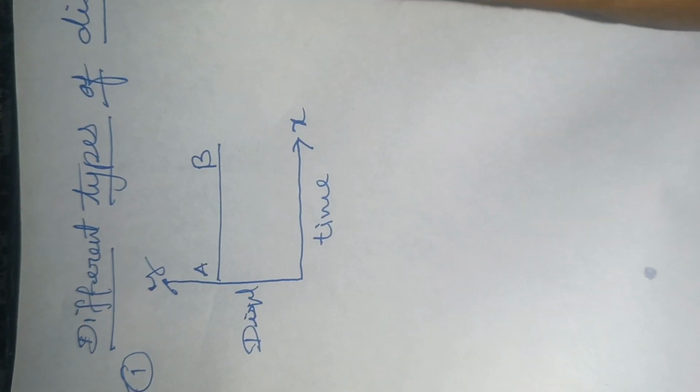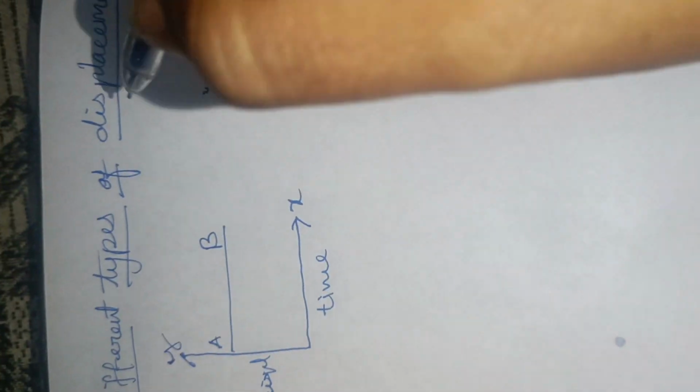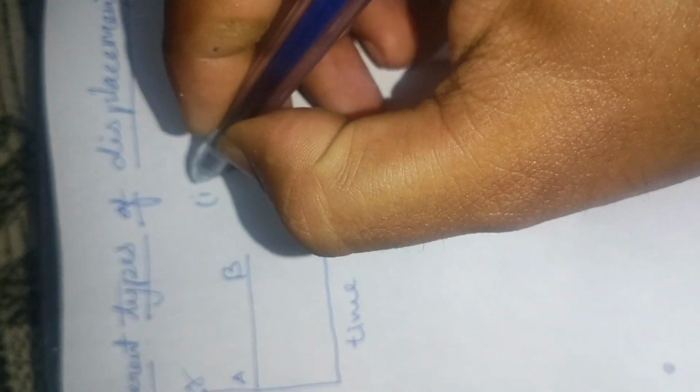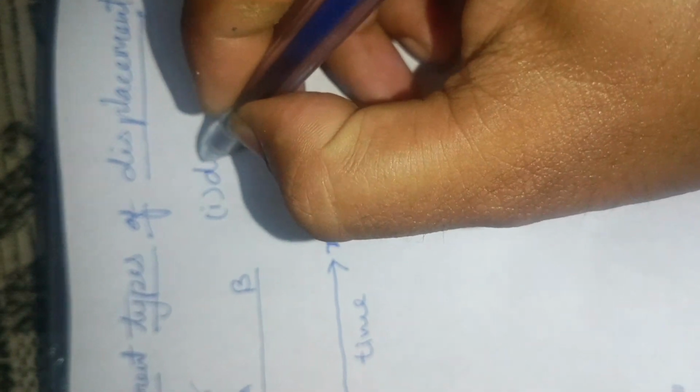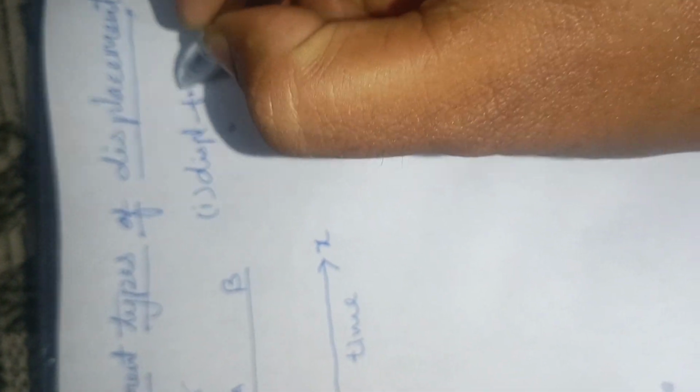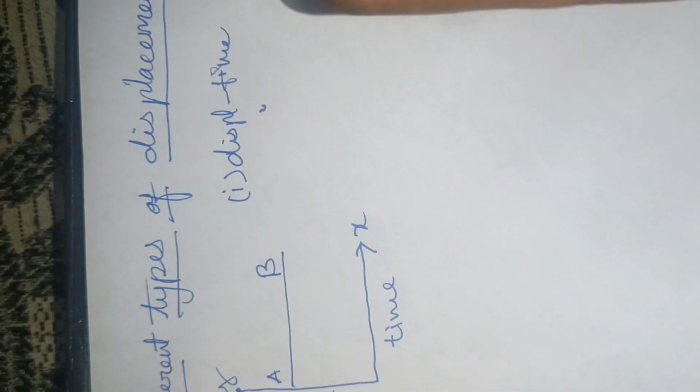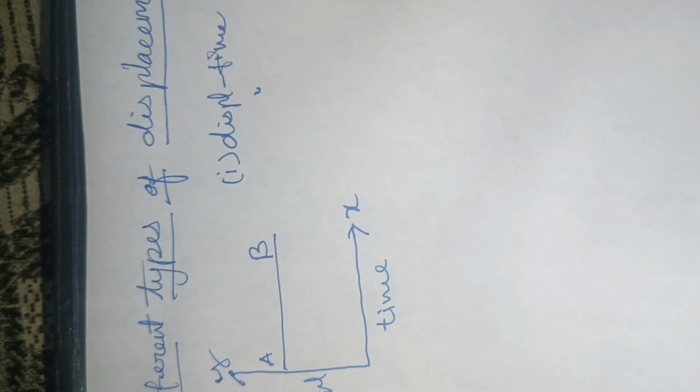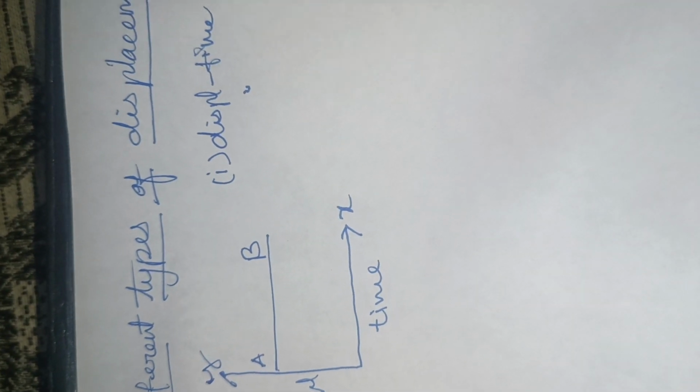Point number 1, the displacement time graph is a straight line. Point number 2, the line AB is parallel to the time axis.